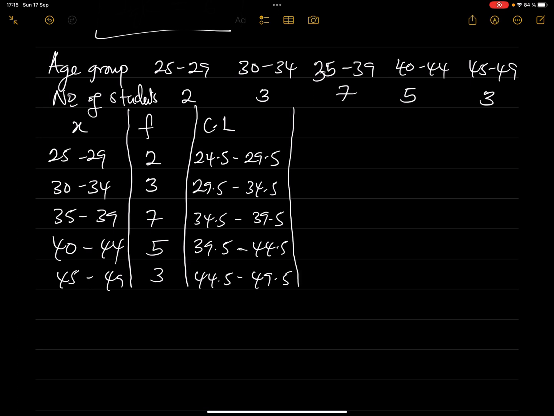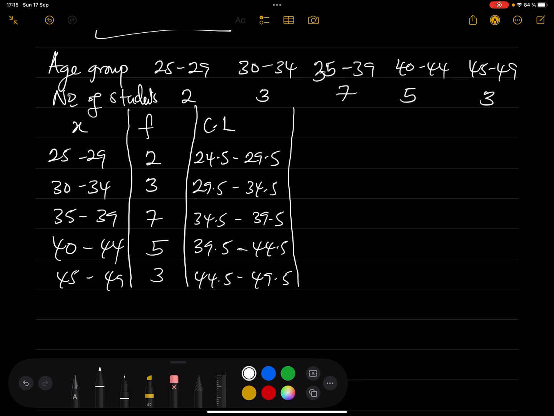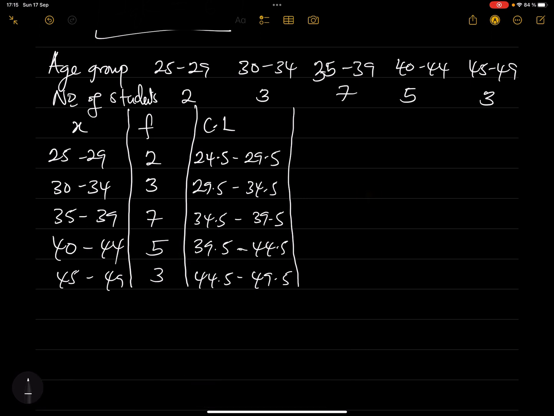And then we also need the cumulative frequency, CF. So we have 2, then 2 plus 3 gives 5, 5 plus 7 gives 12, 12 plus 5 gives 17, 17 plus 3 gives what? 20.